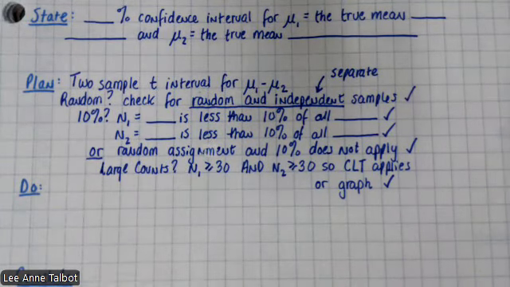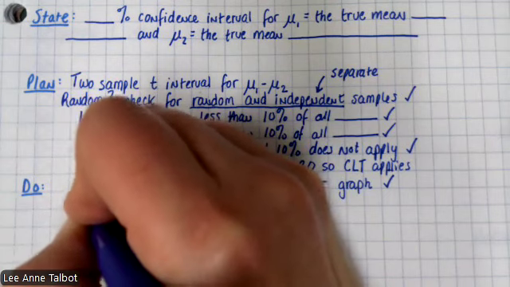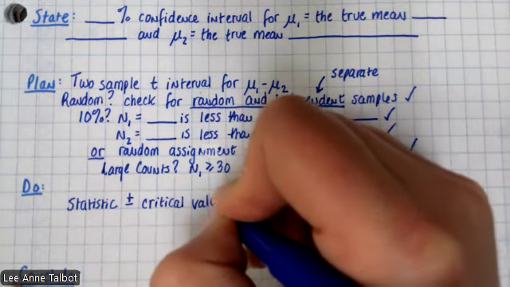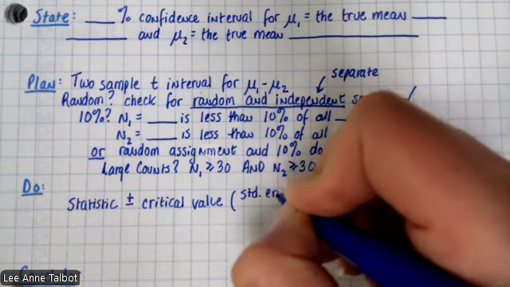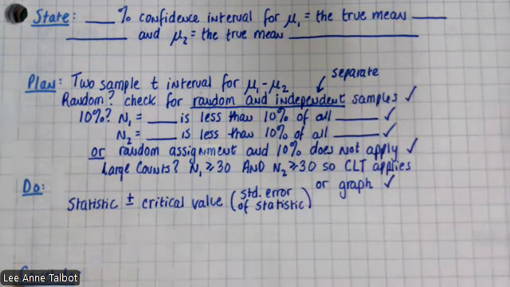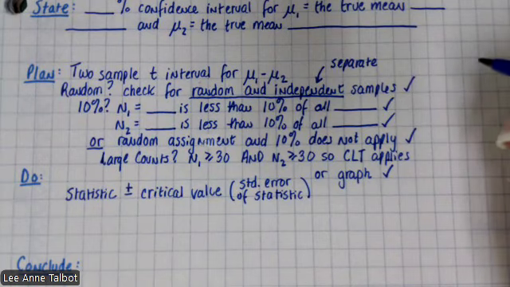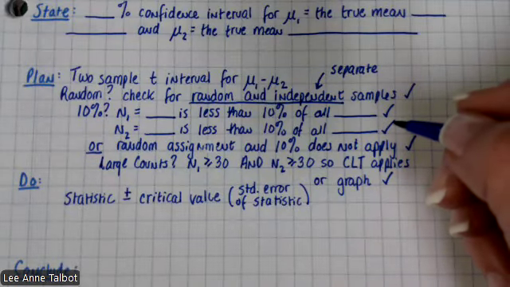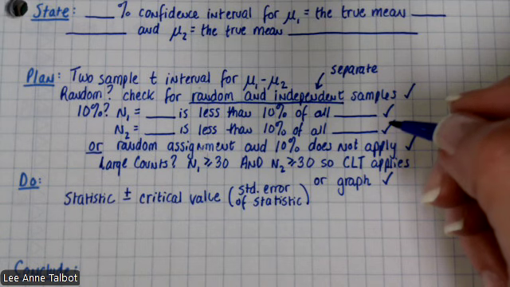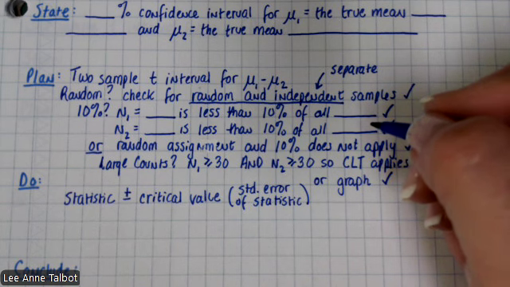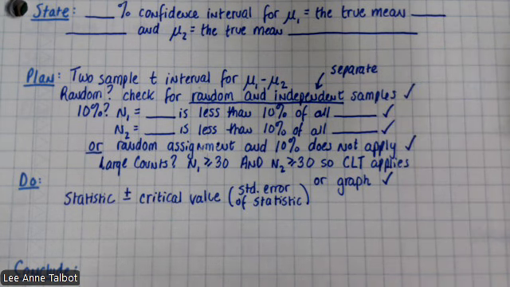Okay. Now, the do: statistic plus or minus critical value times standard error.